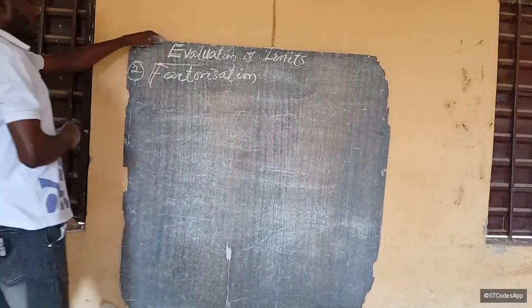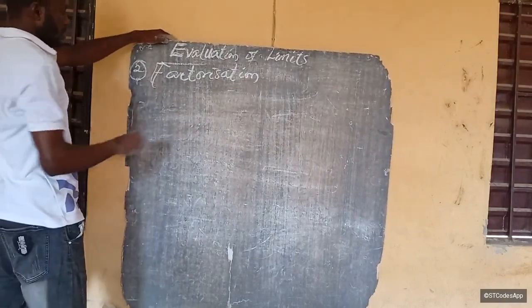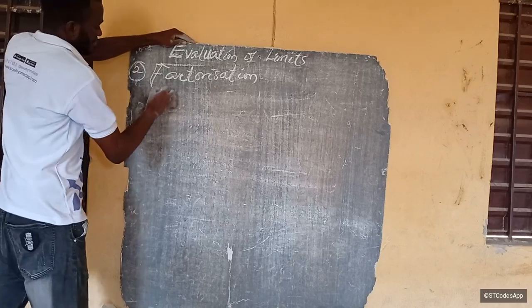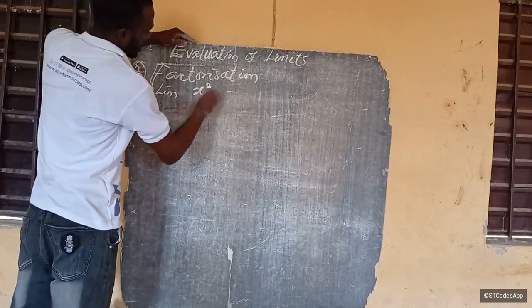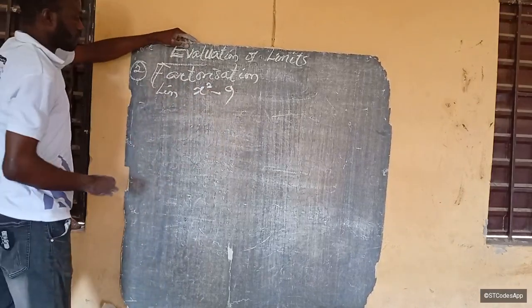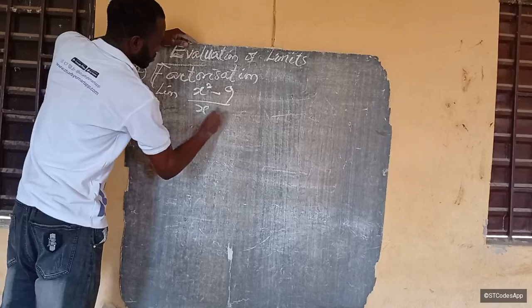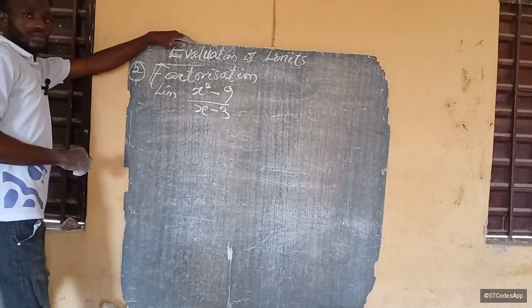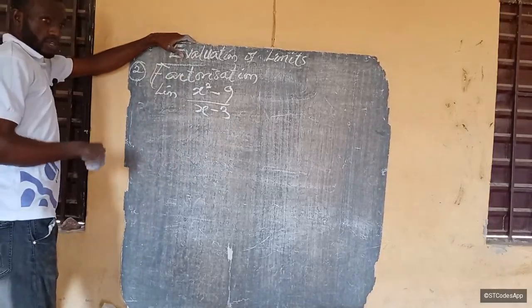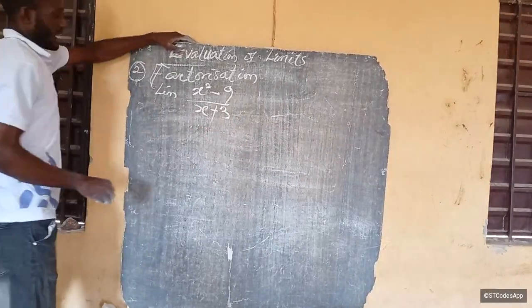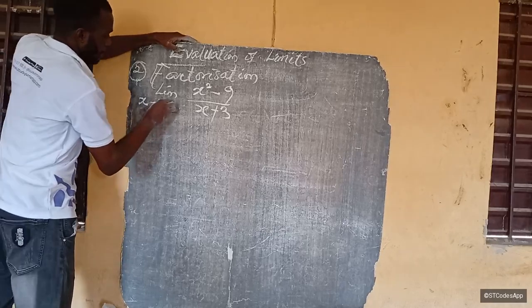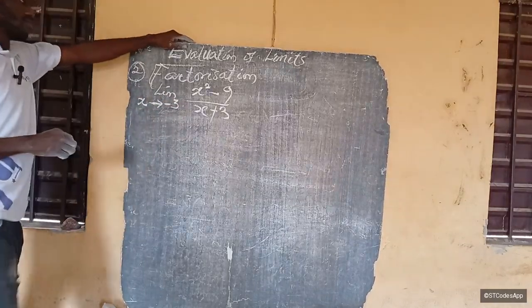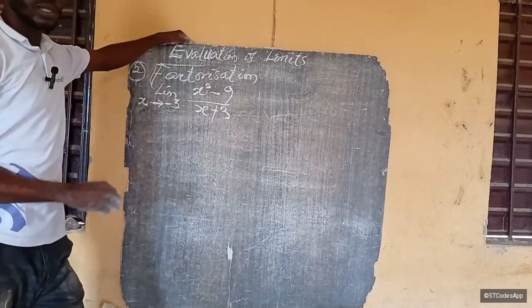So consider this question, for example: find the limit of x squared minus 9 over x plus 3, as x approaches minus 3. You are told to solve this.